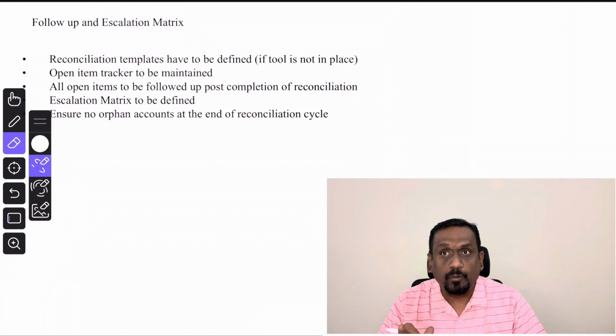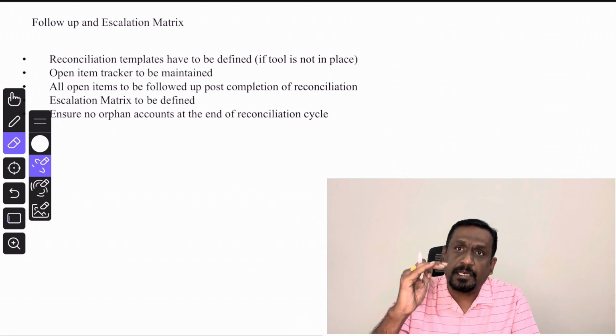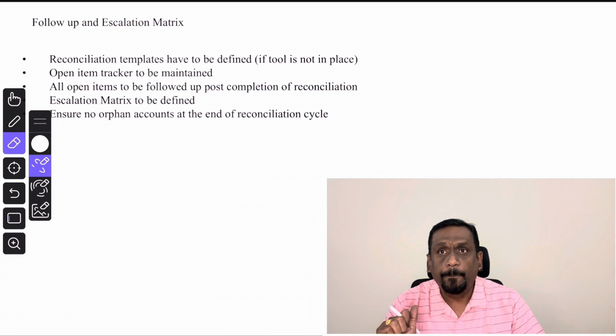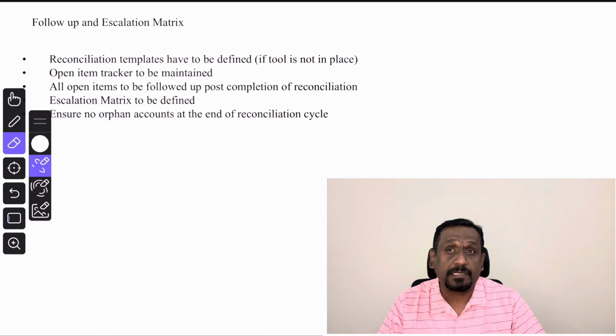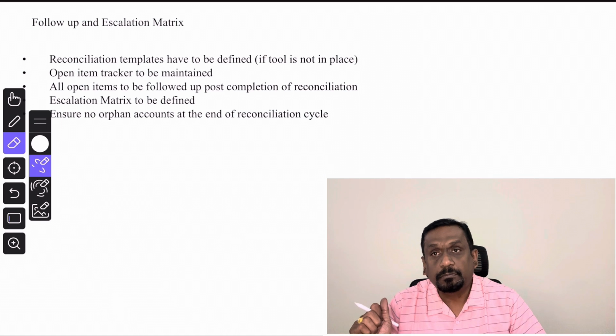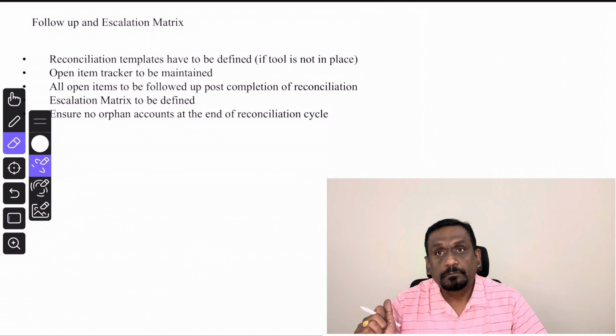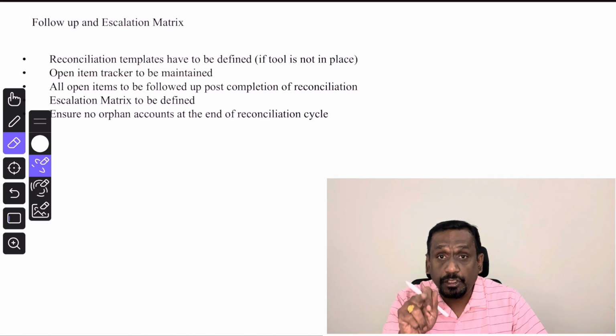As an accountant, as a reconciler, don't ever think that just by preparing the reconciliation your job is over. No. Once you prepare the reconciliation, it is your responsibility to do the follow-up, get the corresponding entry, and clear them from the system. That ends your responsibility. It's an end-to-end responsibility. Just because you reconciled, don't say that your job is over. You should never. It is your baby.